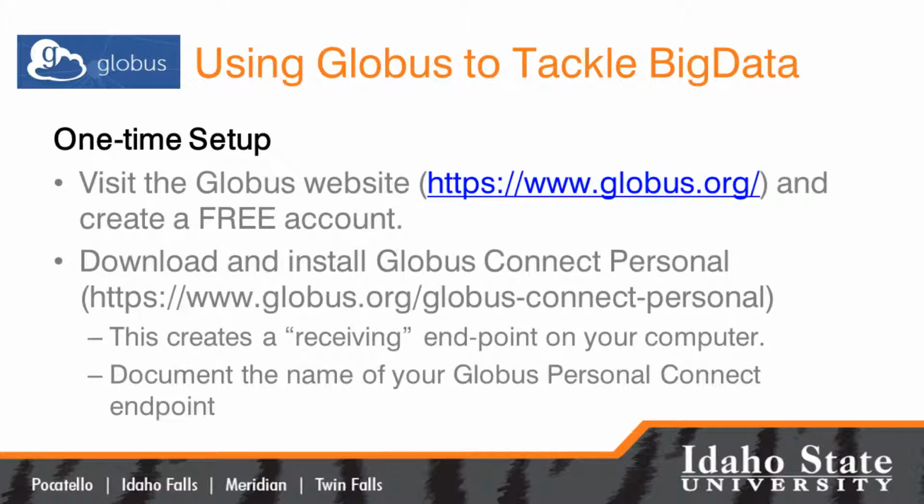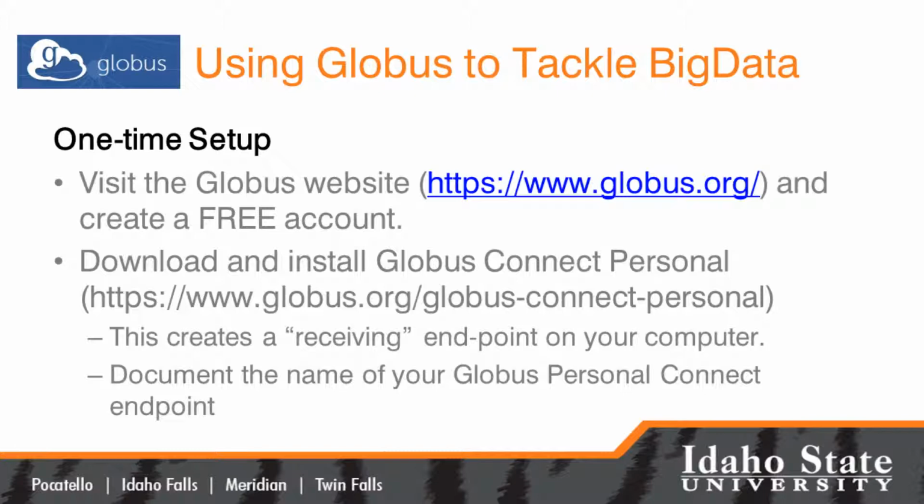There's the direct link to it if you just want to jump right to that. This creates essentially a receiving endpoint on your computer and establishes a secure connection between your computer and whatever you connect to, like, for instance, the LIDAR server here at the GIS Center.